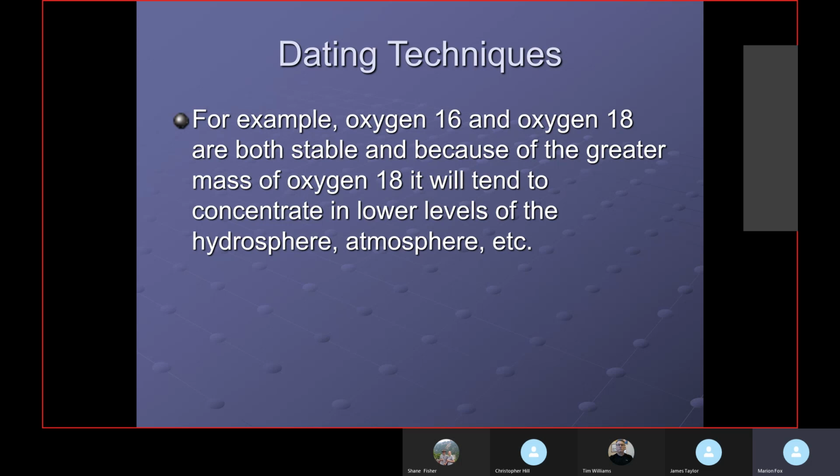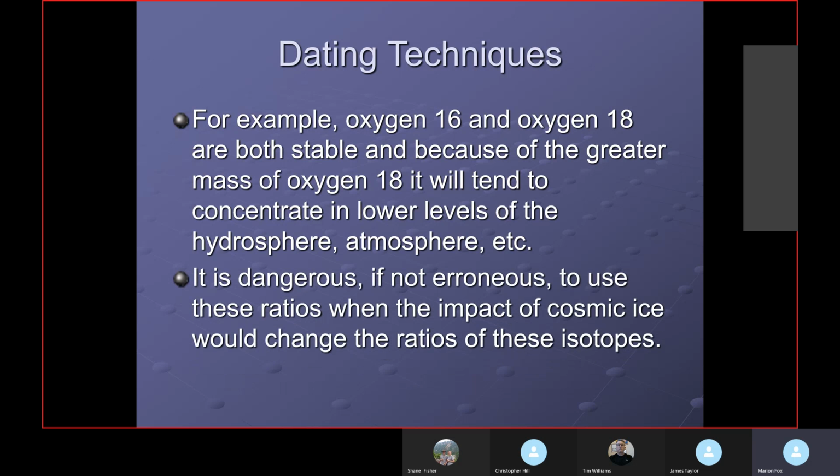So the water in the lower parts of a lake or an ocean will have more oxygen 18 than water at the top of it would have. And so what they're doing is they're looking at the oxygen 16 and oxygen 18 and those ratios just to give them some more information.